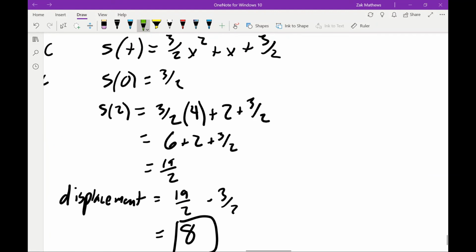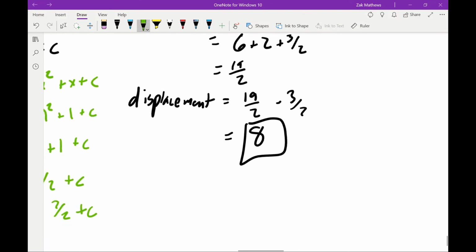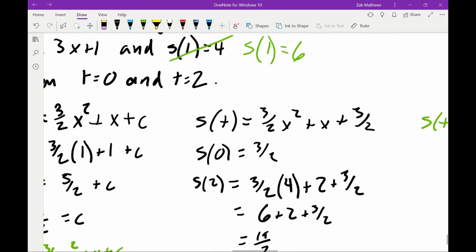So now I'm going to come back over here to this equation that we created just a second ago, but I'm going to plug in 7/2 this time. It's an x, not a t. Because the 7/2 was the c we found just a second ago. It shouldn't be a plus c, that should just be c is equal to 7/2.